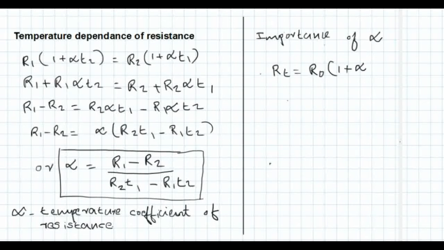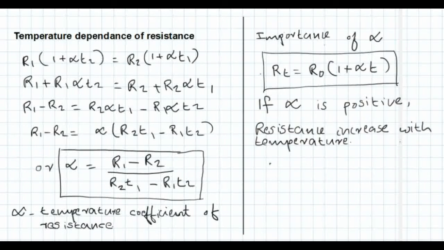So RT is equal to R0 into (1 plus alpha T) is the expression representing the variation of resistance with the temperature. And here, if alpha is positive, then the resistance will increase with the temperature. So if alpha is positive, with the increase in T, this value will also increase.